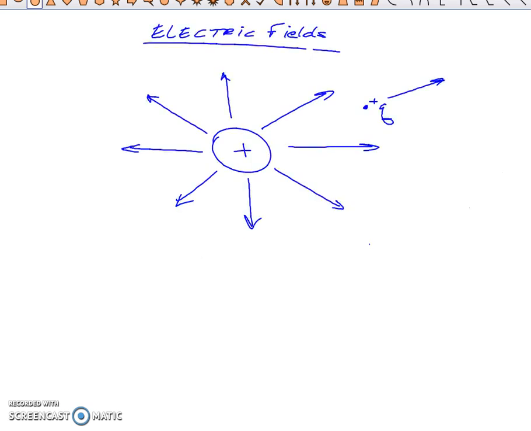So there are some similarities with electric fields and charges that are in electric fields. So if we look at this sphere that has a net positive charge, which means electrons have been removed, and I place a little positive charge near this sphere, because they're both positive, this little charge will be repelled, and if I let it go, it will move away. And so positive charges will move with the direction of the electric field.